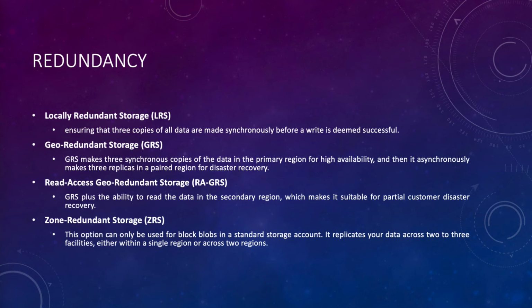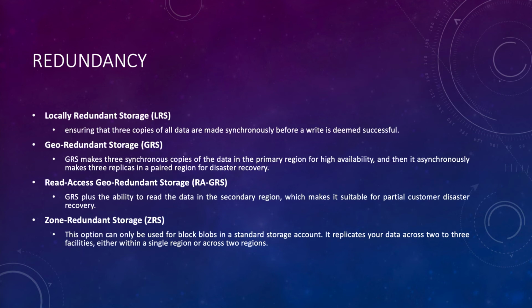The GRS copies in the paired region are not accessible to you, and GRS is best viewed as disaster recovery for Microsoft rather than for you. In the event of a major failure in the primary region, Microsoft would make the GRS replicas available. But this has never happened to date, which actually is good to know.